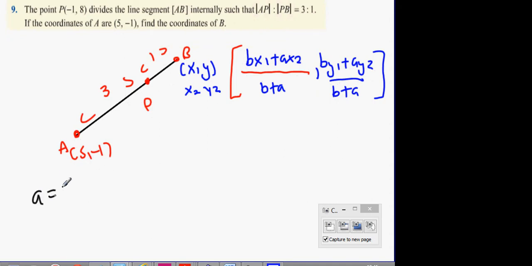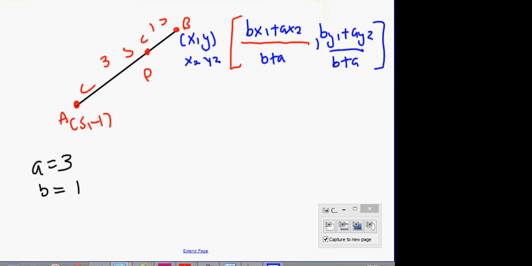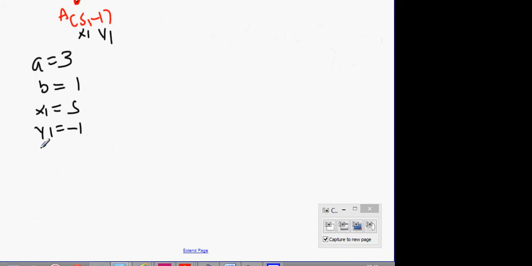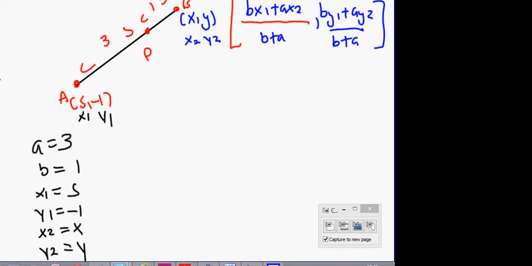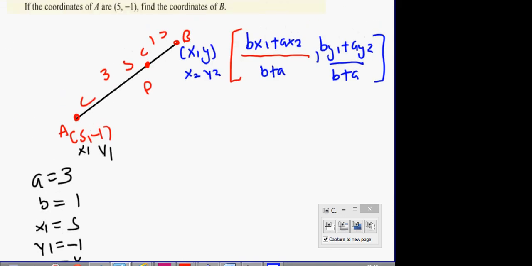A is 3, B is 1, x1 is 5, y1 is minus 1, x2 is x, and y2 is y.